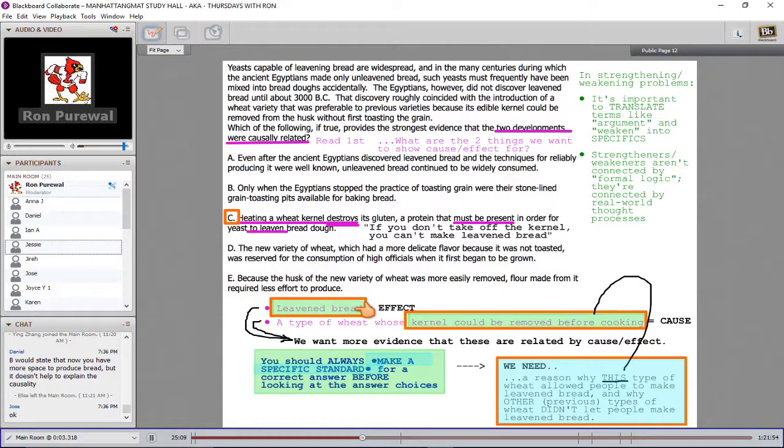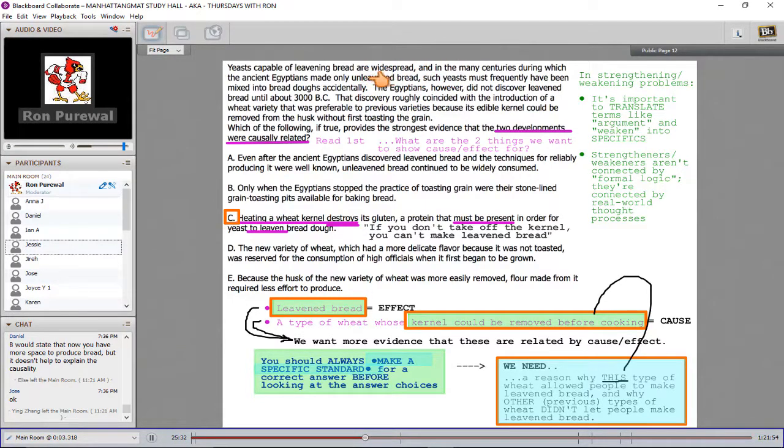You can call them bread A and bread B if you want to, but the fact that there is a kind of bread called leavened bread is obviously important here, because it's different. People made bread before they could make this leavened bread. So in the passage, that's clear.